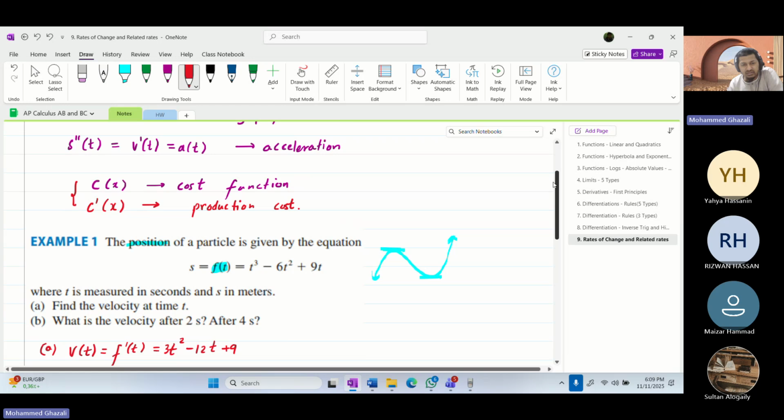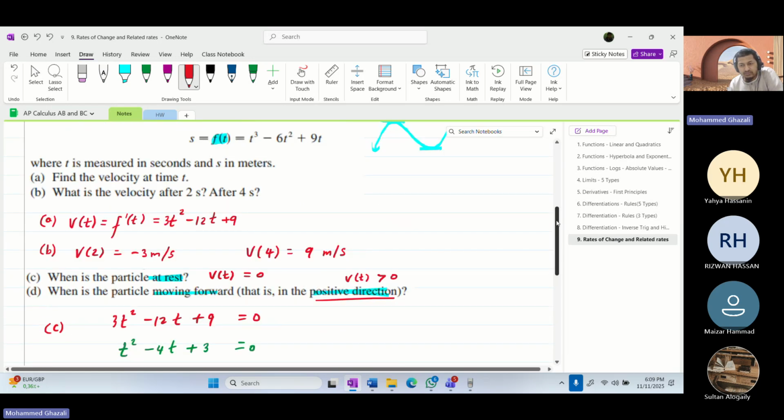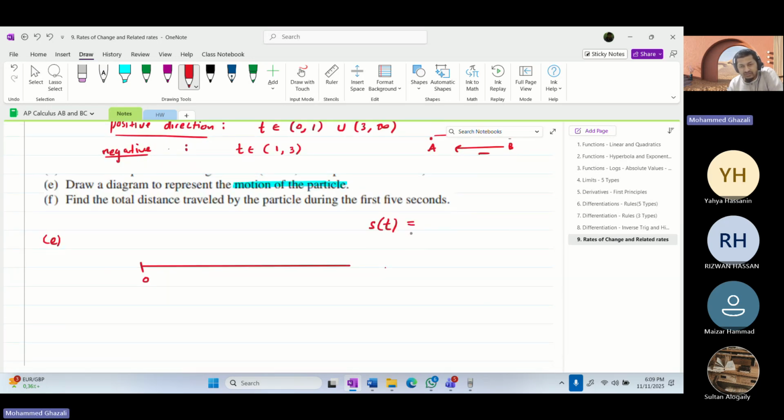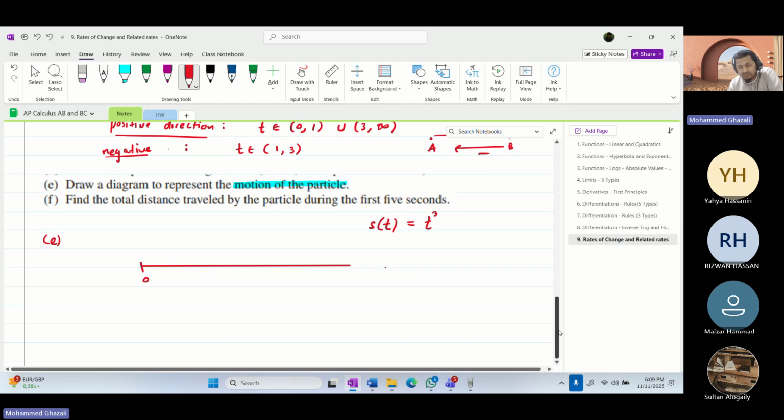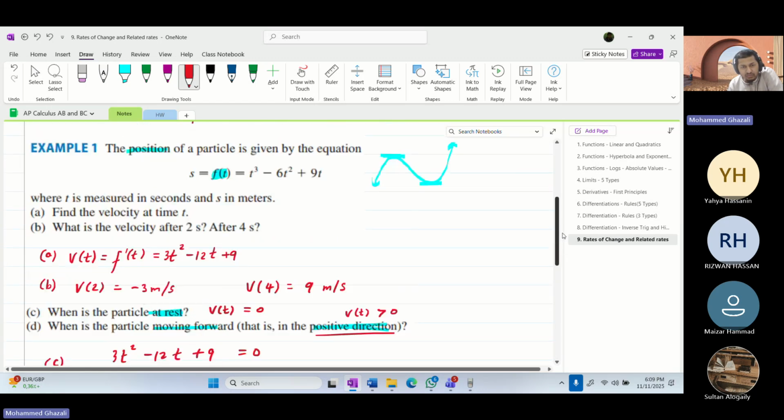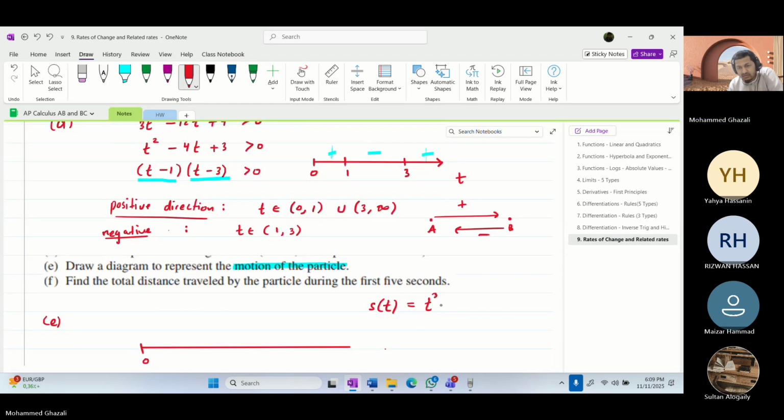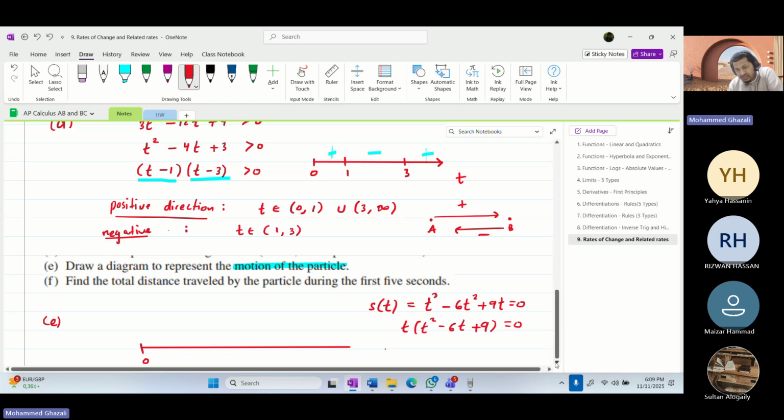The position of the particle is given by the equation. Right, so s of t is equal to t cubed minus 6t squared plus 9t, which is equal to 0. So we got t into t squared minus 6t plus 9 equals 0. So we got t equals 0.